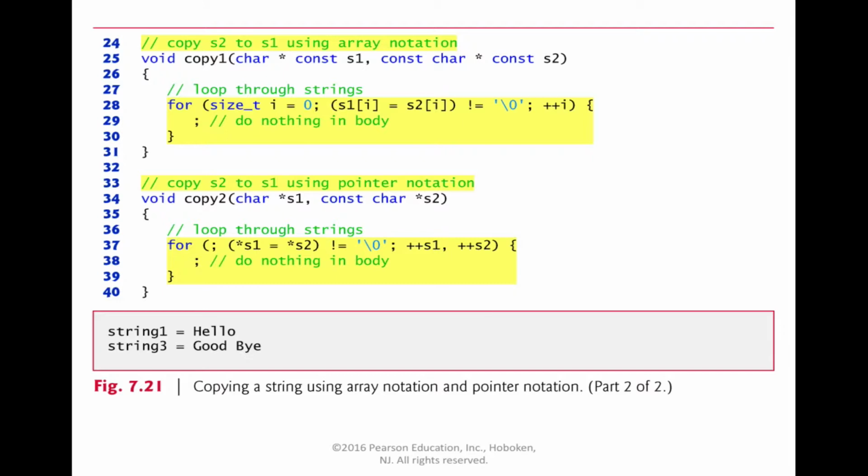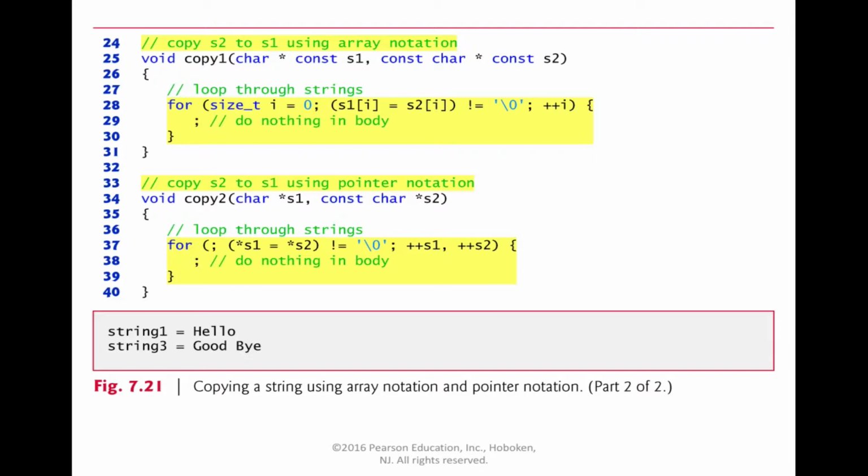And as long as that succeeds and it is not the null character, we're going to continue. So string 2 has hello, string 1 does not, and we want to put hello in string 1.